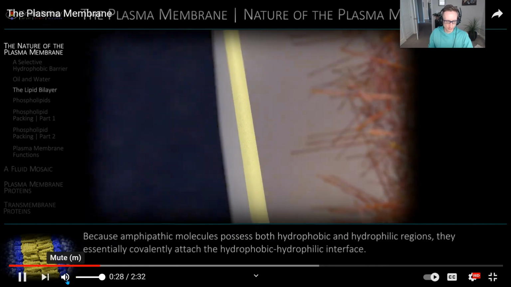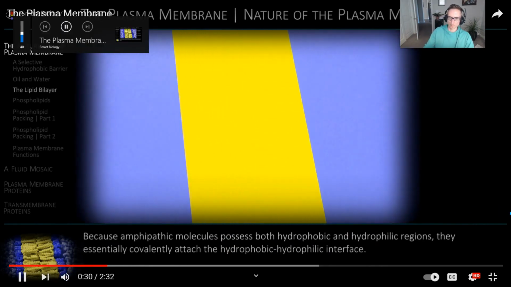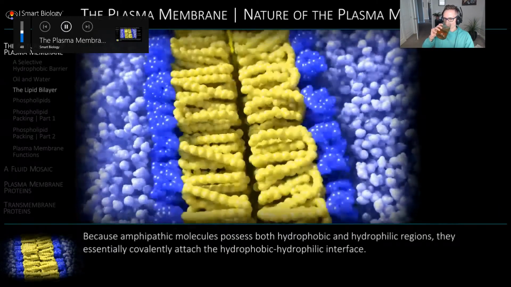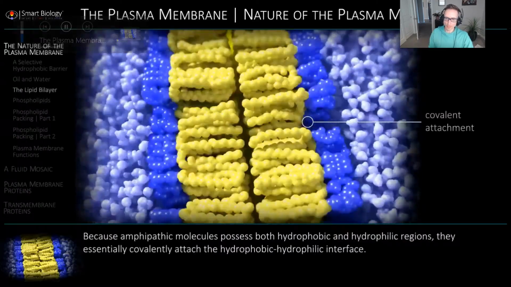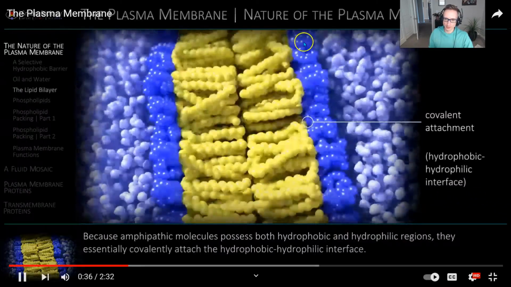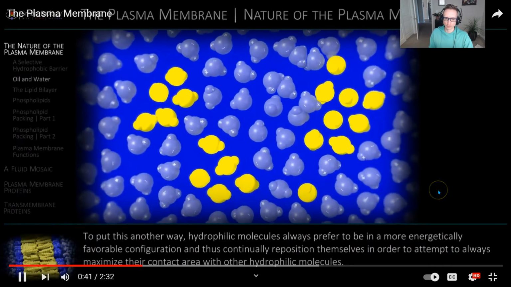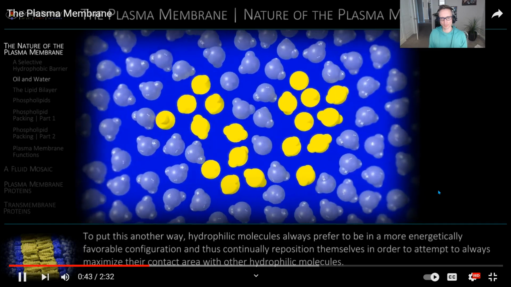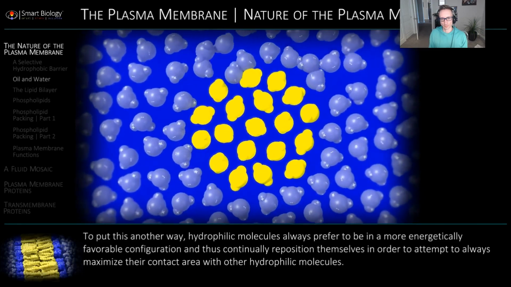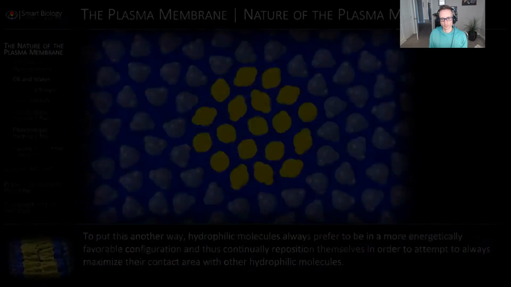Because amphipathic molecules possess both hydrophobic and hydrophilic regions, they essentially covalently attach so these are the polar heads of the phospholipids, interface. And these are the fatty acid tails. Hydrophilic molecules always prefer to be in a more energetically favorable configuration. Like to get away from water.